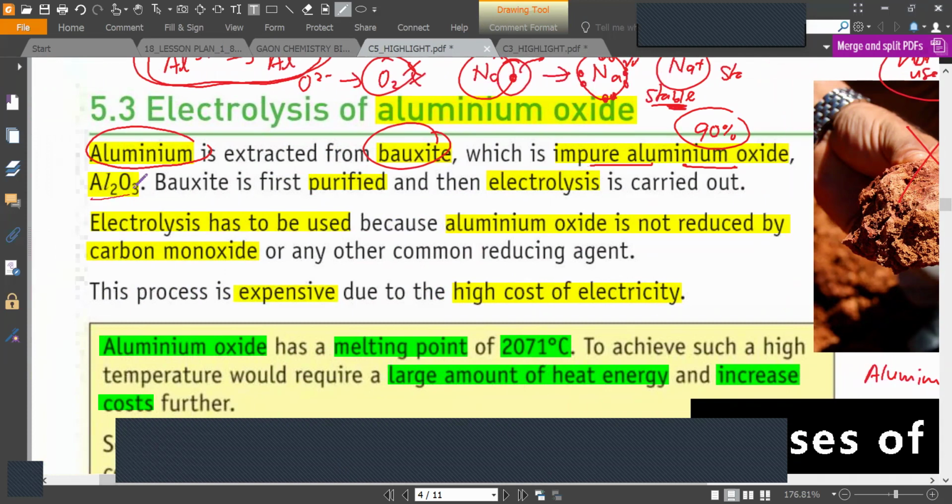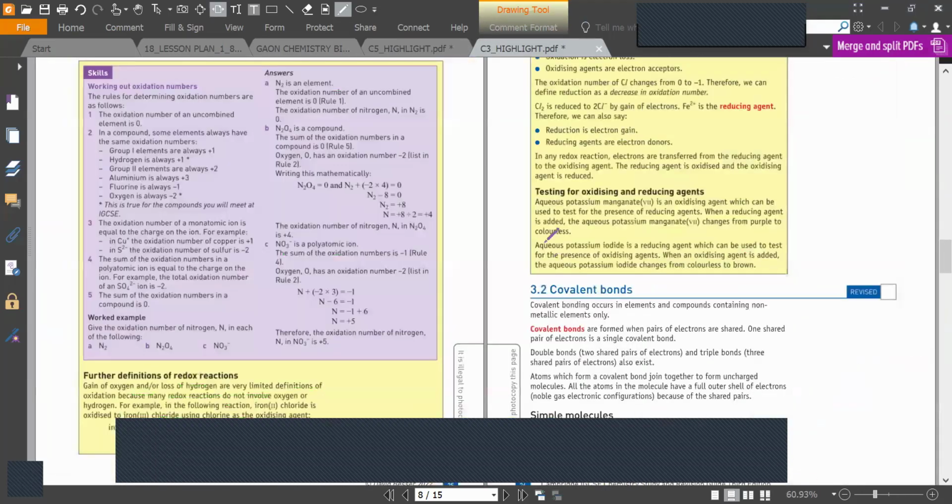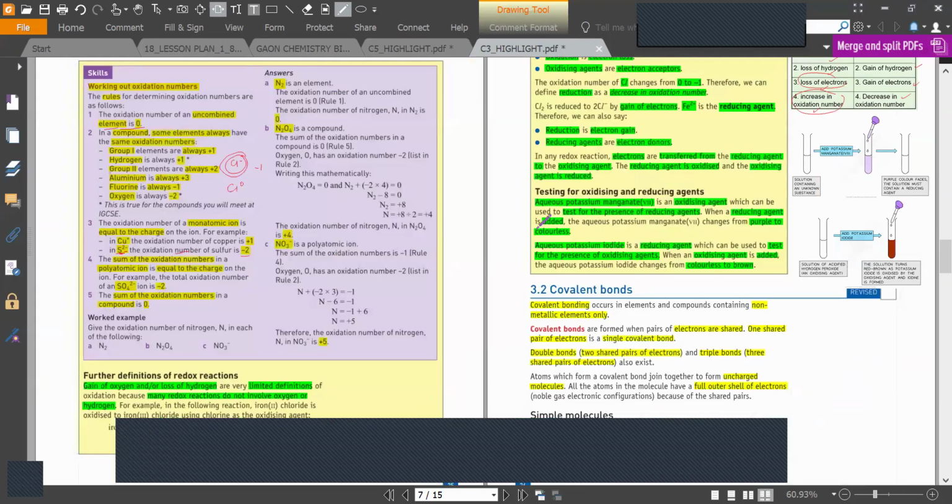The bauxite is first purified to get the Al2O3, the aluminium oxide. Then we will have the electrolysis. Electrolysis has to be used because aluminium oxide is not reduced by carbon monoxide or other common reducing agents.